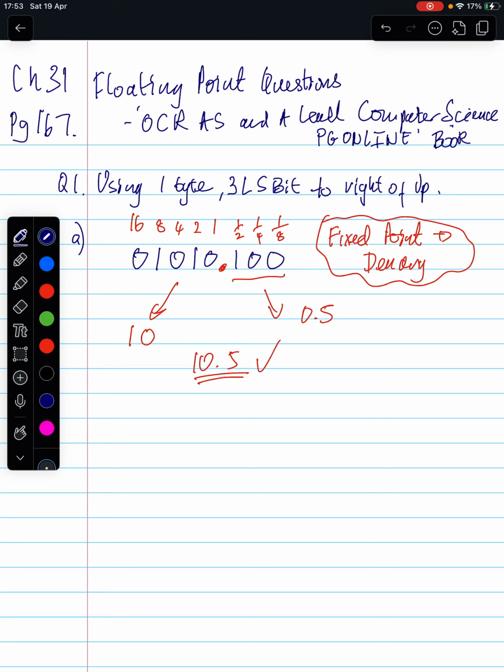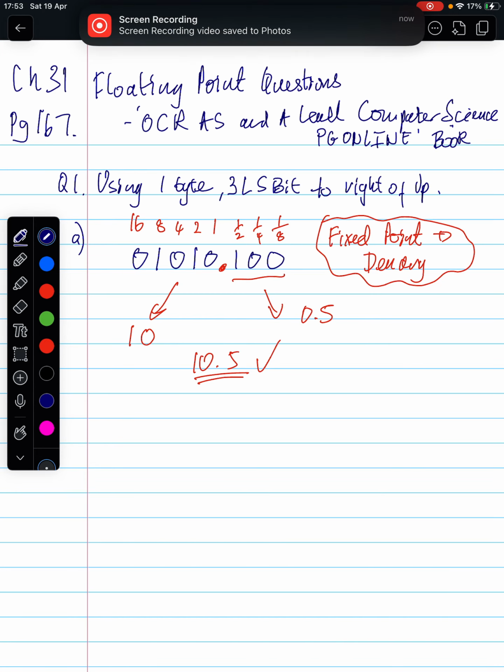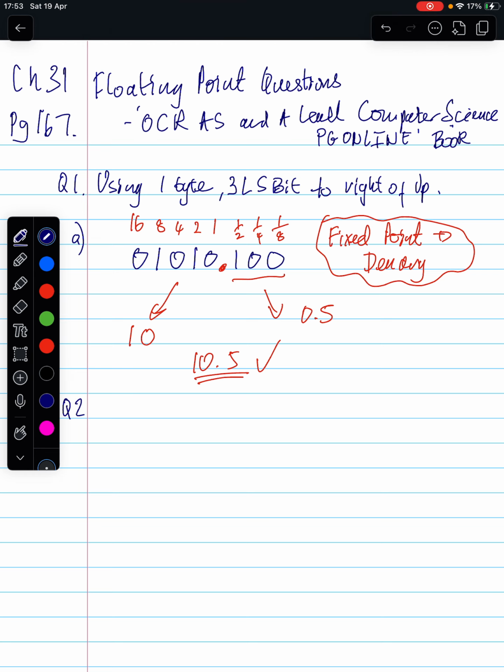Okay, the next one we are going to do is going to be question 2, and we're going to do part D. Yep, just doing one part of each question. Okay, so here we need to convert the following numbers.